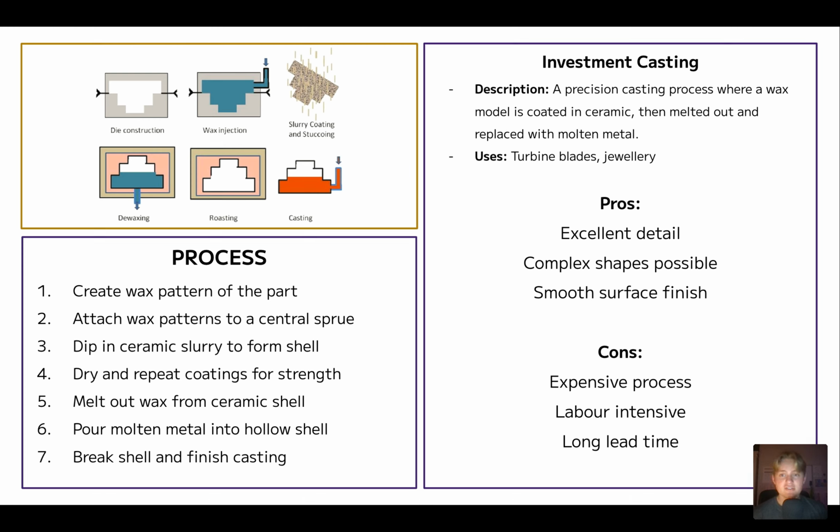A precision casting process where a wax model is coated in ceramic and then melted out and replaced with molten metal. So it's quite easy if you look at the process diagram in the top corner to understand sort of what's going on here. The uses of this would be for turbine blades particularly, but also again for jewelry, something that's very small, needs high accuracy.